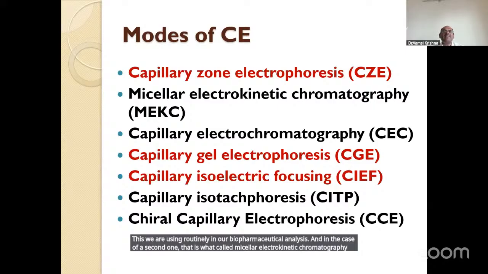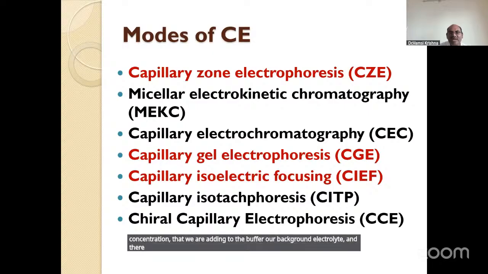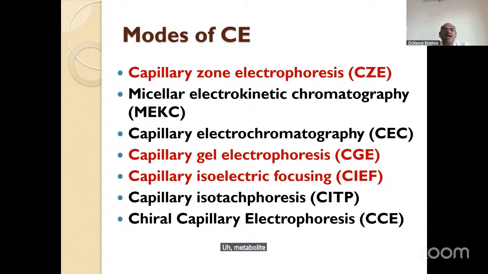Here we use SDS surfactant above the CMC, the critical micellar concentration, which we add to the buffer or background electrolyte, and thereby perform separations. Micellar electrokinetic chromatography is very widely used in metabolite analysis or bioanalysis.